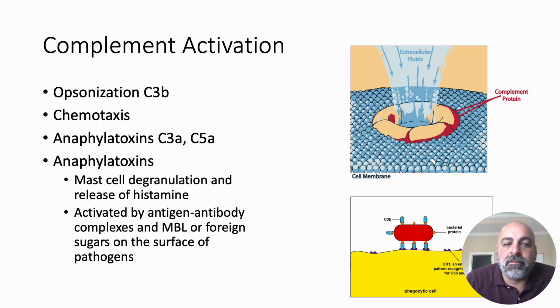Whenever we activate complement, and there are 3 pathways for it, the end result is kind of the same. So one big thing here is opsonization. C3b will stick to the surface of the bacteria. And when it does that, we get an attraction of white blood cells to it to want to phagocytize it, okay? Eat it. I would make the analogy of this. The bacteria is an apple.